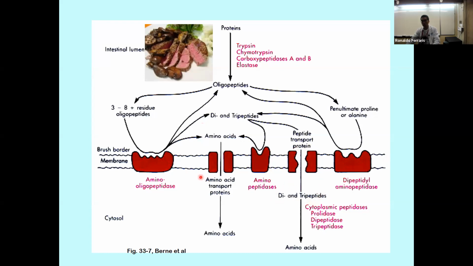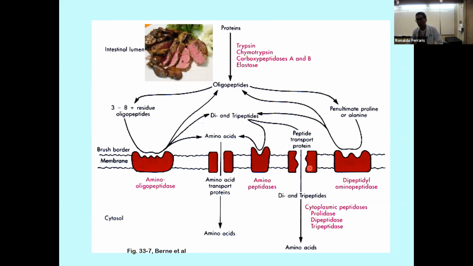These are specific for certain families of amino acid transporters. For example, you can have a cationic amino acid transporter, an amino acid transporter specialized for anionic amino acids, some specialized for neutral amino acids, etc.